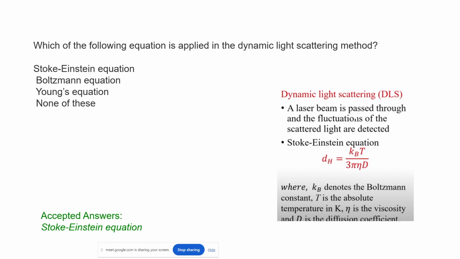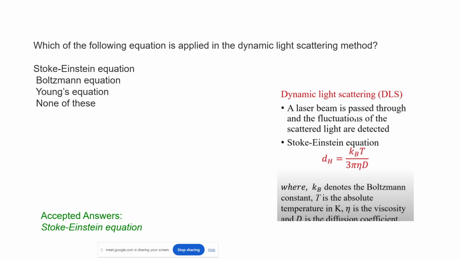Now the next question was: which of the following equations is applied in the dynamic light scattering method? Here the Stokes-Einstein equation would be the correct answer. Dynamic light scattering is basically where a laser beam is passed through and the fluctuations of the scattered light are detected.